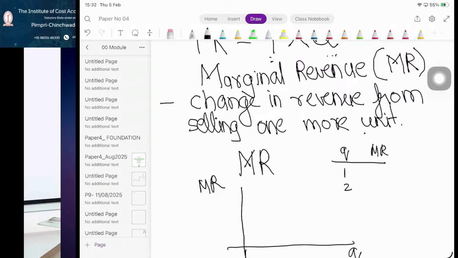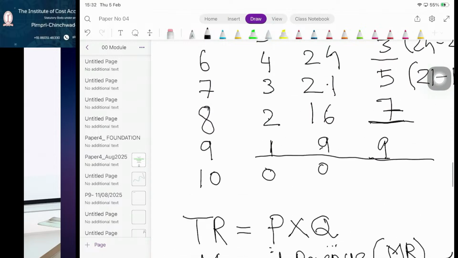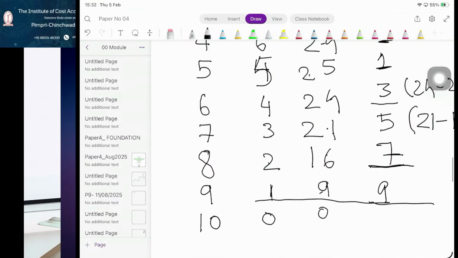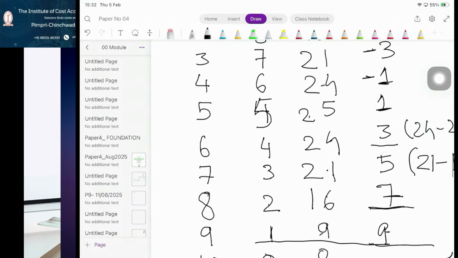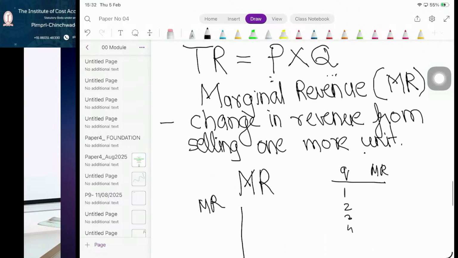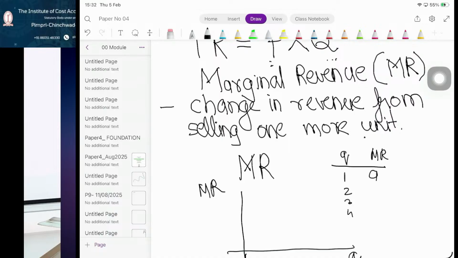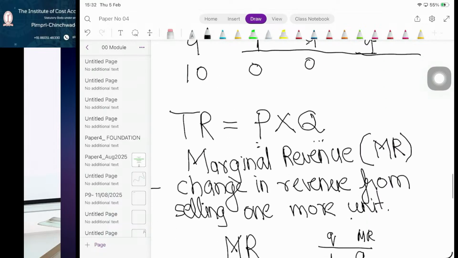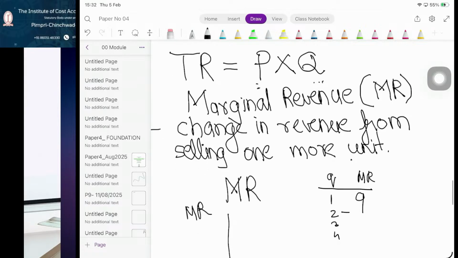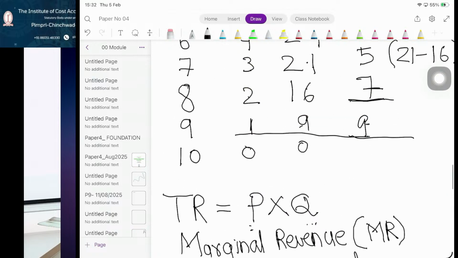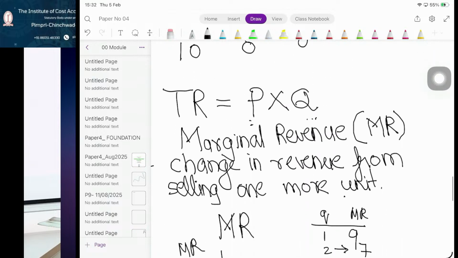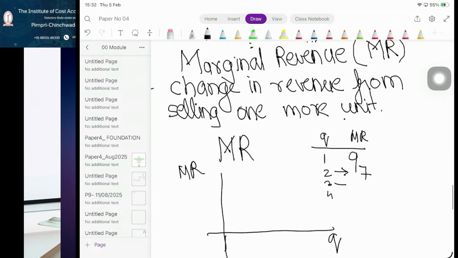For quantity equal to 1, the marginal revenue is 9. Copy it like that. For 2, it is 7. For 3, it is 5. For 4, it is 3.